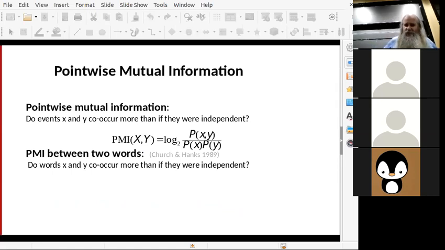So it really is that you have a probability of 2 words. You have the probability of word X and the probability of Y. And what you want to know is how independent are these words. So we can have the probability of X and the probability of Y, or we can look at the probability of XY. Okay, so what's the probability that they appear together versus the probability that they appear independently?